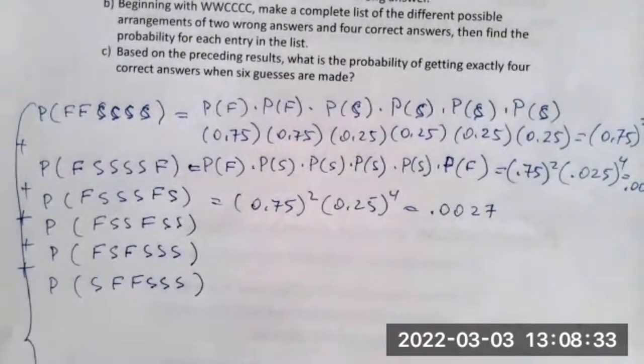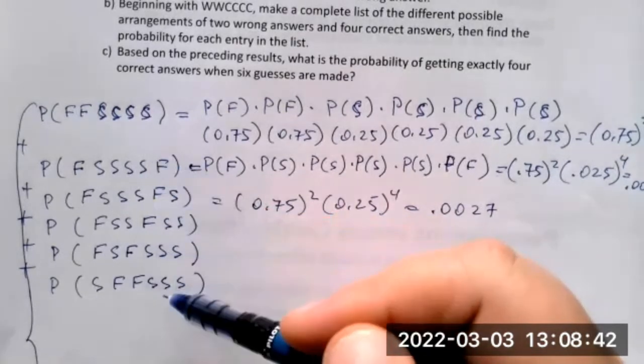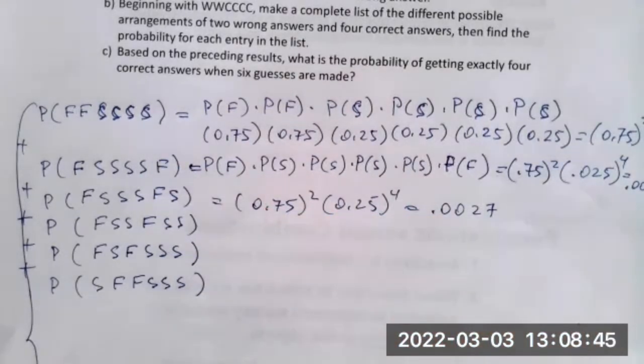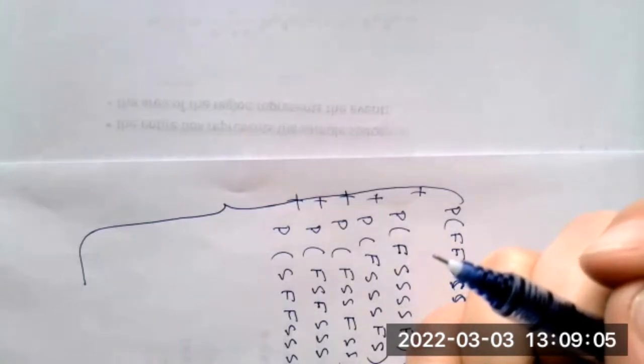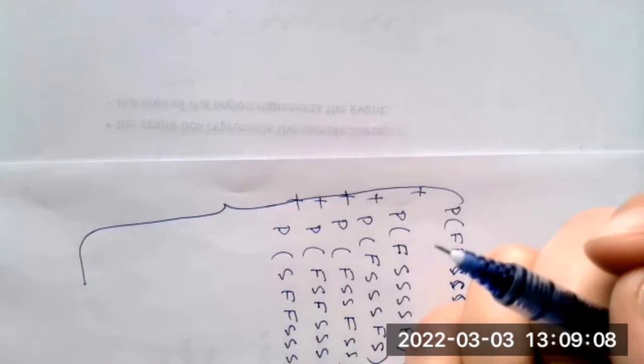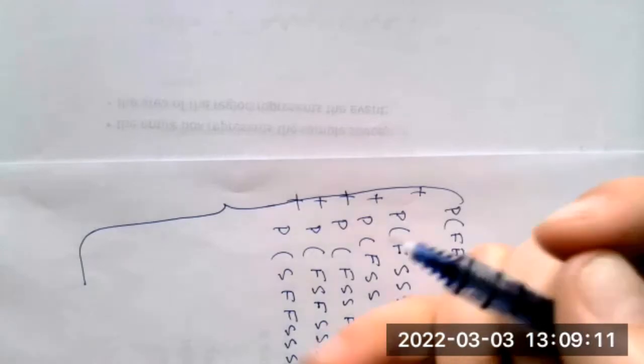Now, I want you to pause here and think about, do we have a tool to answer how many ways can we combine 2 failures and 4 successes? And the answer is, yes, we do. We have our combination formula, right? Because it doesn't matter in which places our F's are, as long as there's 2 of them.